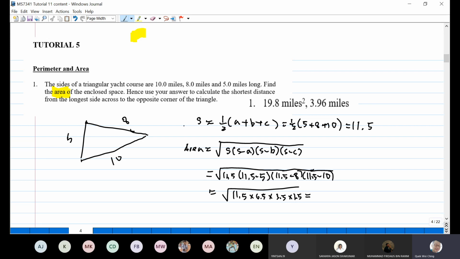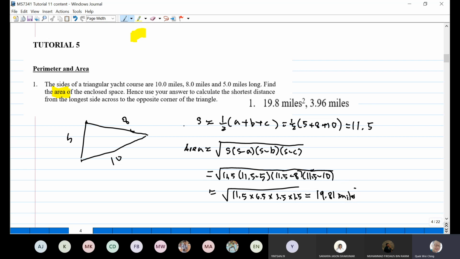Okay, then multiply them together. 11.5 times 6.5 times 3.5 times 1.5, and then you take a square root. 19.81. So this is mile square.